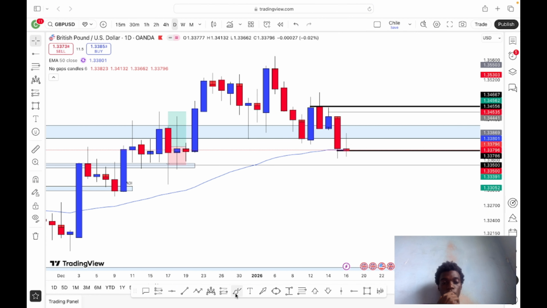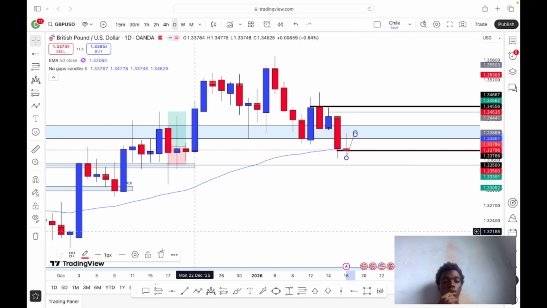So we've identified the area of interest. The only thing which we're looking for, as price pulls back into this area of interest, is a shift of structure.